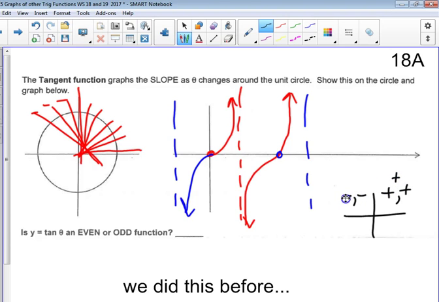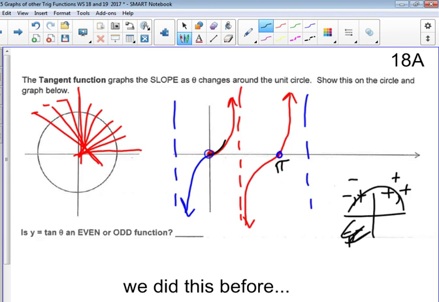If I put all the y's over x's here, I get a negative value, right? That covers everything. When I get down here, they're repeating because a negative over a negative is a positive. So these two quadrants take care of all the tangent values, which is just 0 to pi.